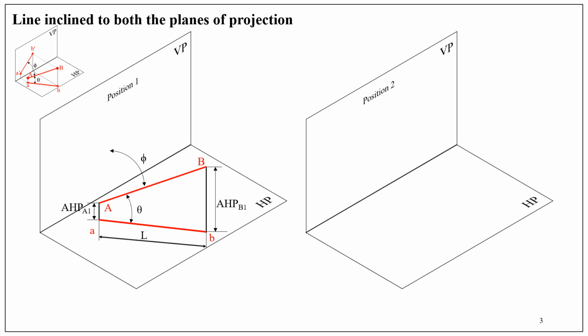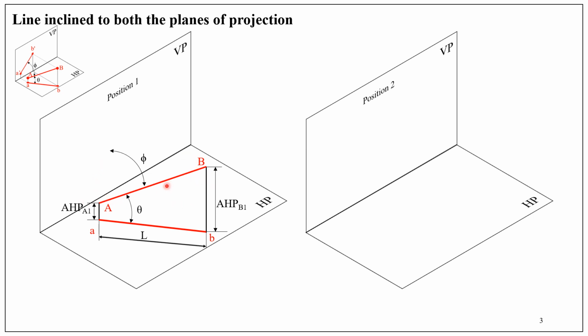So what we can imagine is shown here, and we assume the line AB is rotated about A. For that, the enlarged view of the line is shown here.